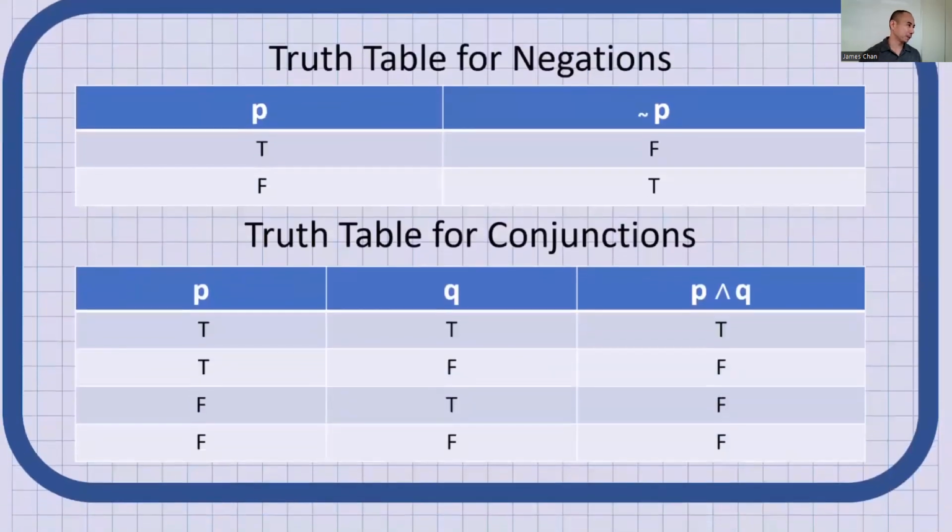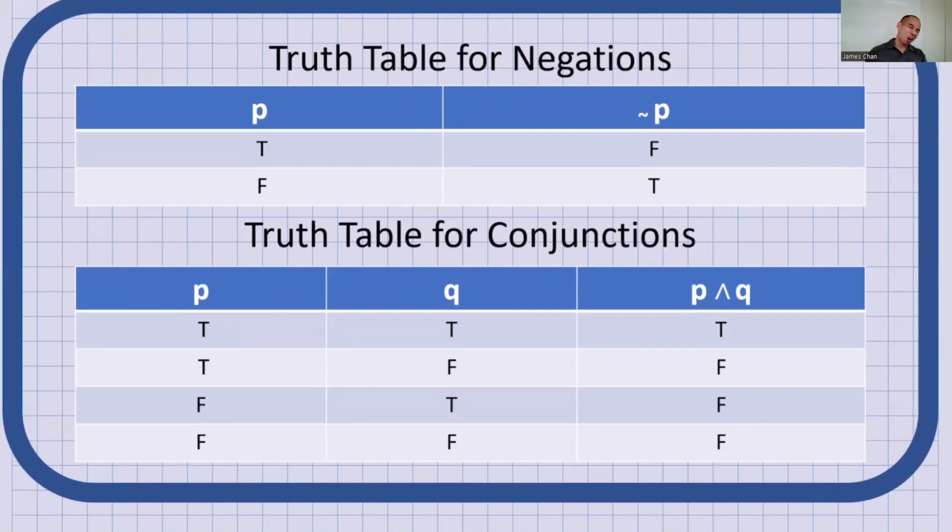Now the truth tables. I think the truth table is probably the most important part here, because a lot of times you're going to have to negate a sentence. That's pretty easy, right? The quantified statements are going to be a little bit tougher to negate, because you have to remember which one to use. I see the some.